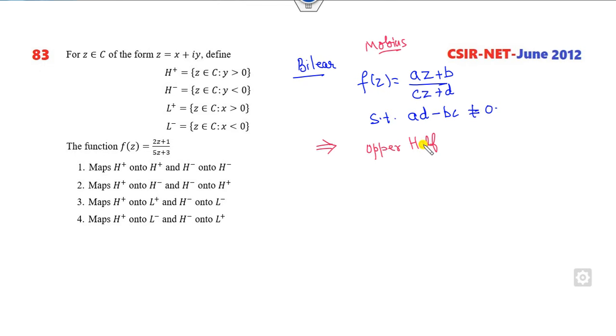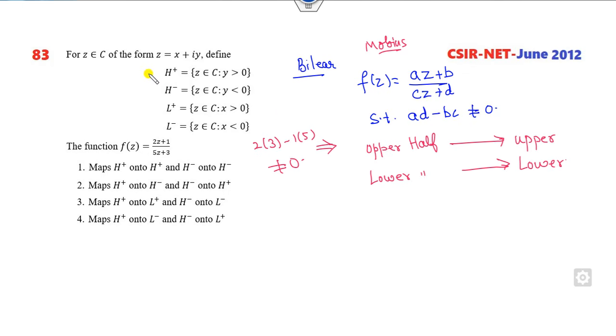Then the upper half will map to the upper half, lower half will map to the lower half. So we can check about here. So this is 2 times 3 minus 1 times 5, which is non-zero. So this is a simple bilinear transformation.